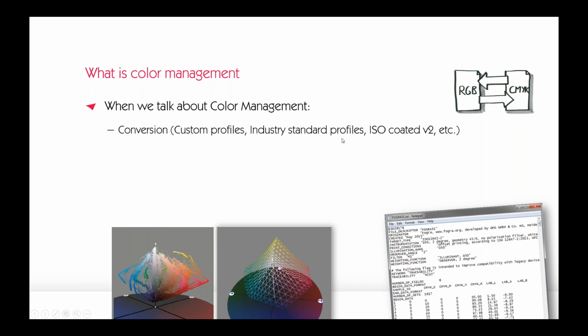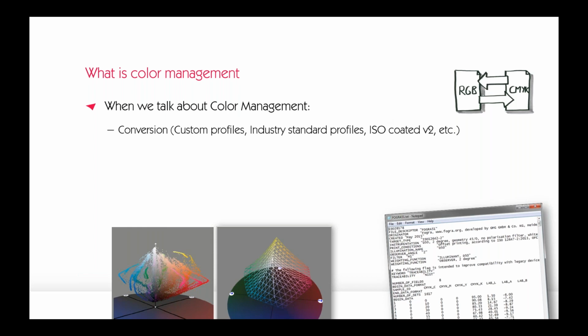Industry standard we already talked about, like for example ISO Coated v2 or Fogra. In other countries we have maybe other standards, but this is made mainly for offset on coated paper. You also have other profiles for uncoated paper and so on, but this is mainly for offset.